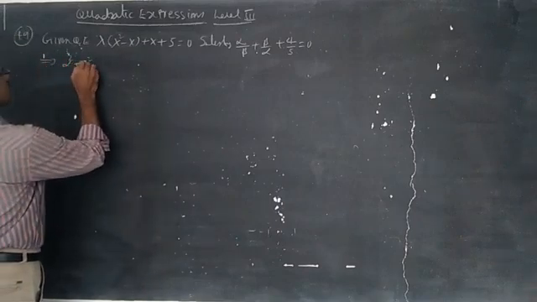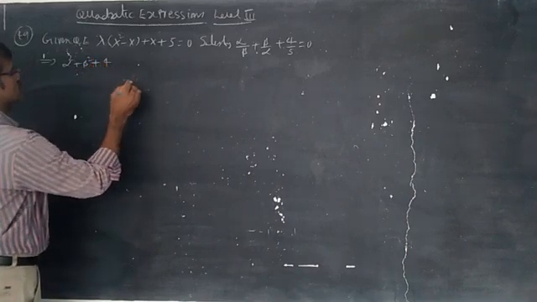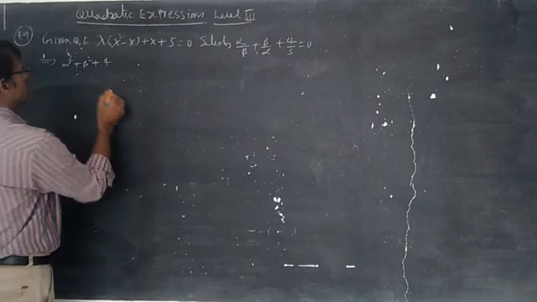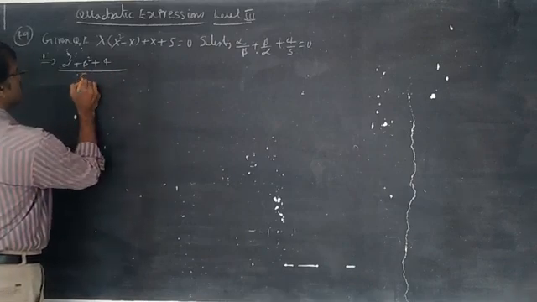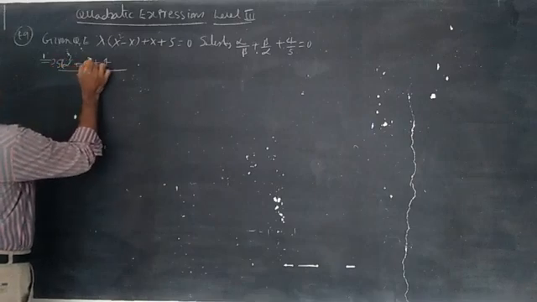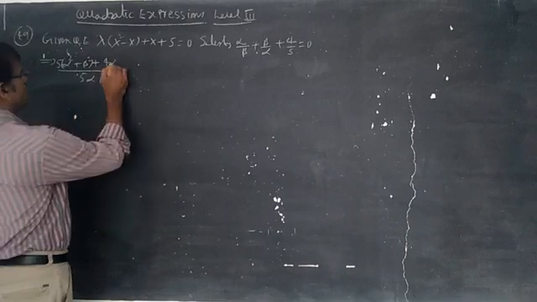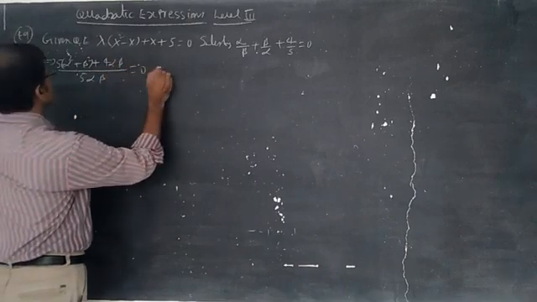That implies you can write here alpha square plus beta square, let us take the LCM, 5 alpha beta. LCM is 5 alpha beta. So you can write 5 into alpha square plus beta square plus 4 alpha beta is equal to 0.